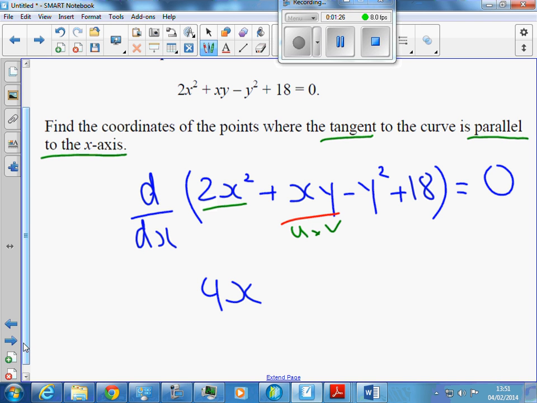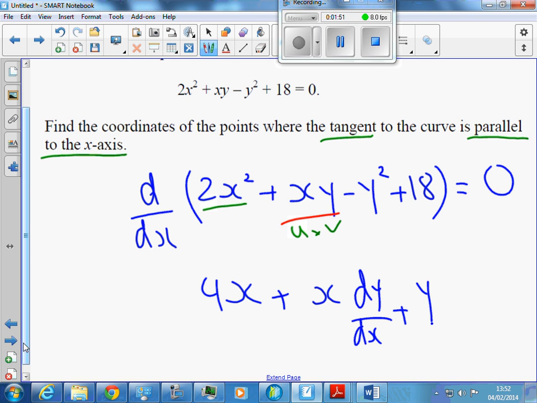We are now going to apply the usual product rule and implicit differentiation. So plus, now I have a product. It's u, which is x, dv by dx, but v is y, so it's dy by dx, plus v, which is y, times du by dx, which is 1.